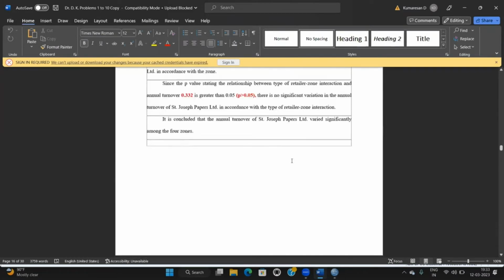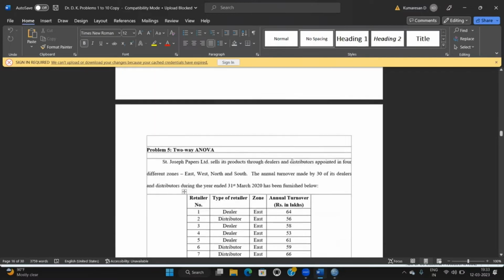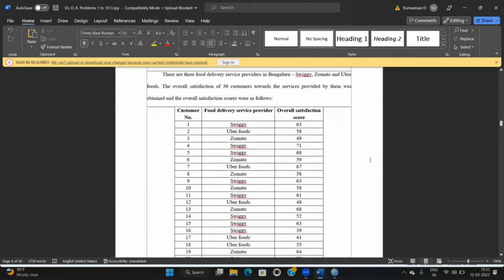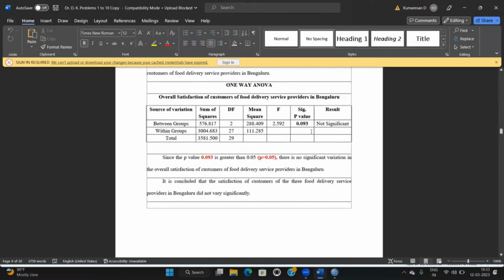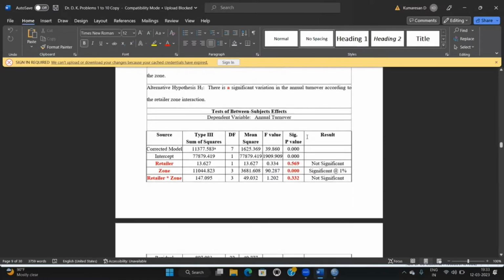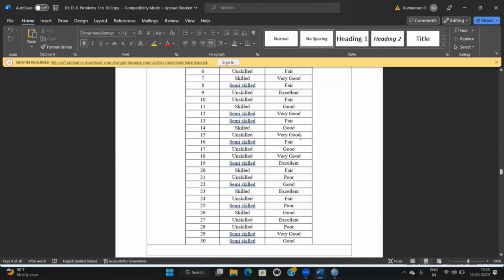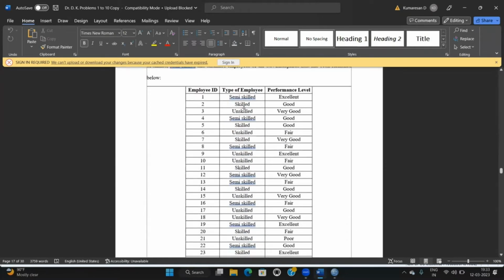Earlier, we have discussed about the one-way ANOVA. Look at this. There are three categories: Swiggy, Zomato, Uber Foods. Data is given as scale data. Dependent variable is scale data. Here, there are three categories: skilled, semi-skilled, and unskilled.